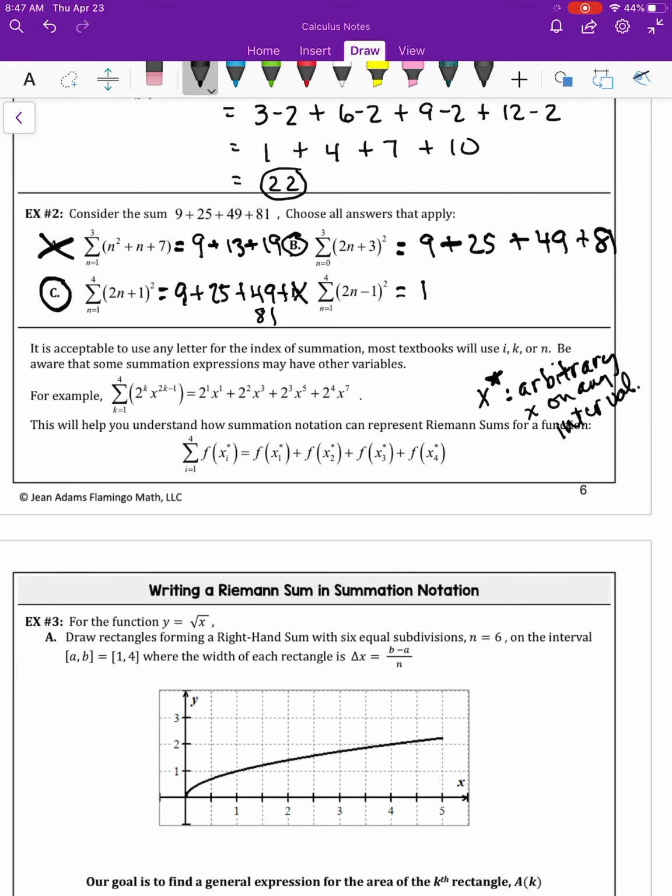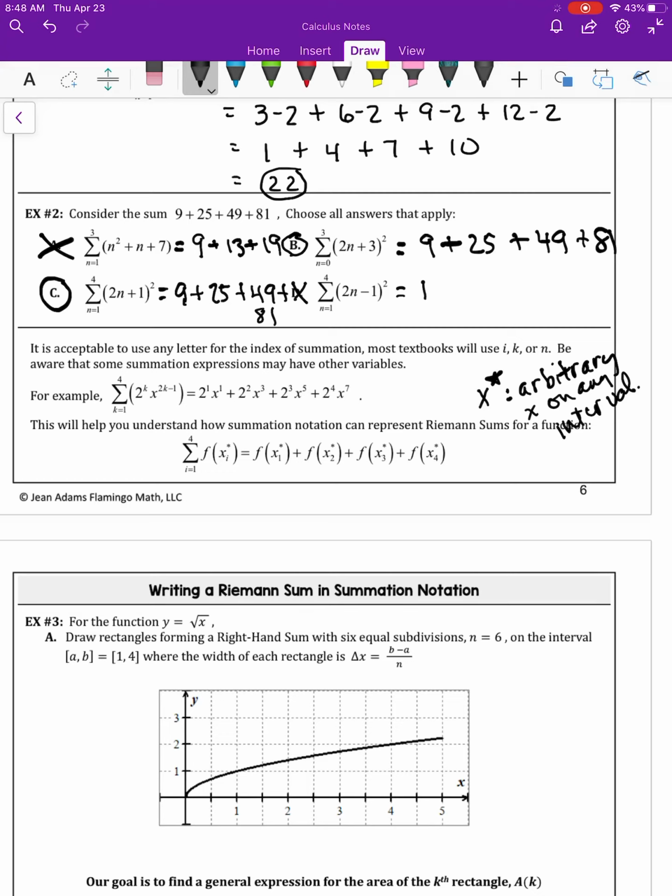But that x star is just some arbitrary x on any interval, like any interval AB.